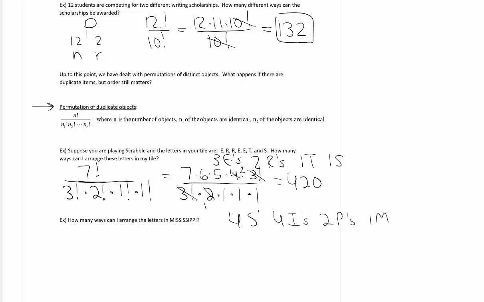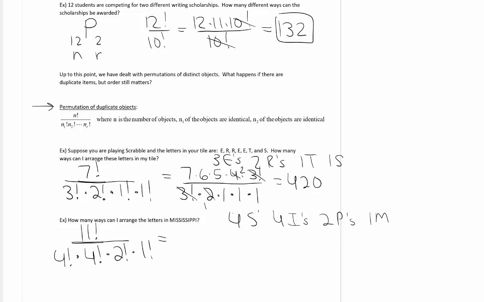There's 11 letters in Mississippi, so it's 11 factorial. 4 S's, that's 4 factorial on the bottom. 4 I's, 4 factorial. 2 P's, so that's 2 factorial. And then 1 M, that's 1 factorial.